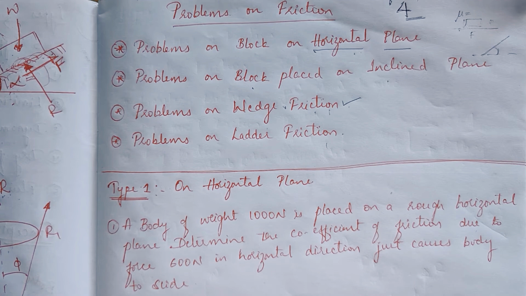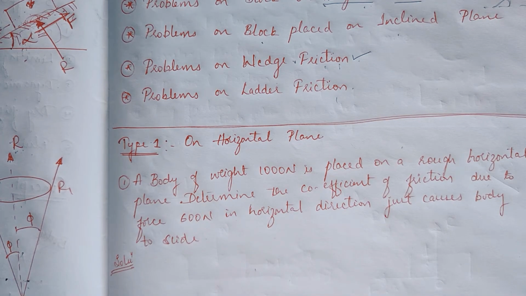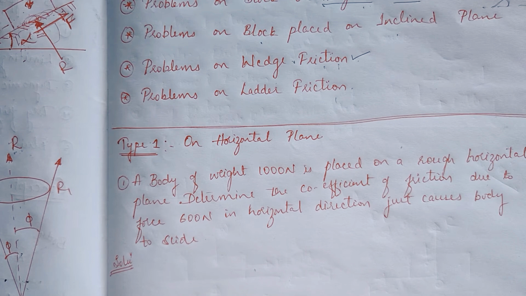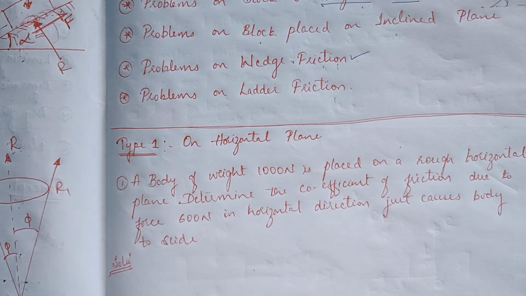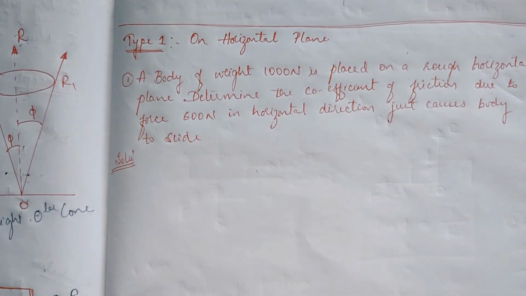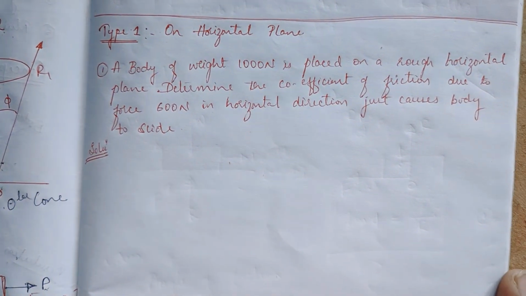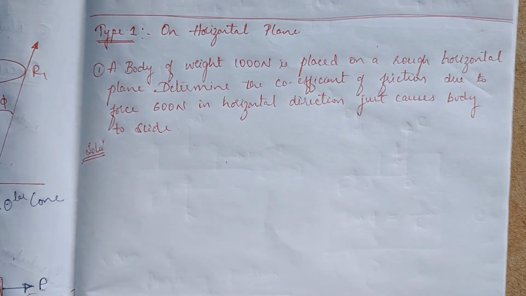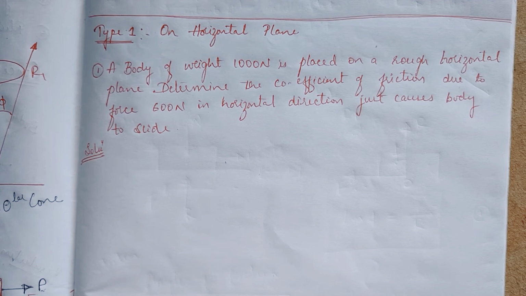Today let us start with the first type, problems on the horizontal plane. Here the question is given. A body of weight 1000 Newton is placed on a rough horizontal plane. Determine the coefficient of friction, given that a force of 600 Newton in the horizontal direction just causes the body to slide.